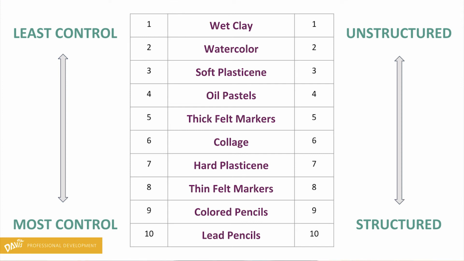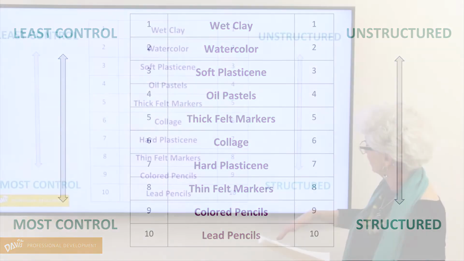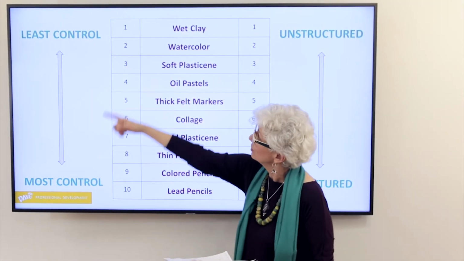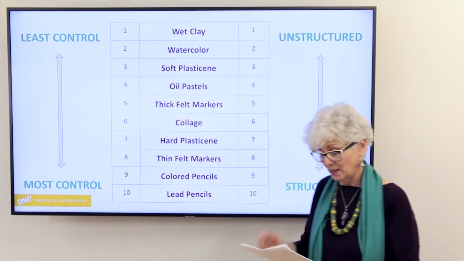In regards to art materials, art therapists may offer an open-ended choice of materials like art educators do, or suggest a specific material depending on the goal they wish to achieve. Materials can be viewed on a continuum from structured to unstructured, or most controlled to least controlled.